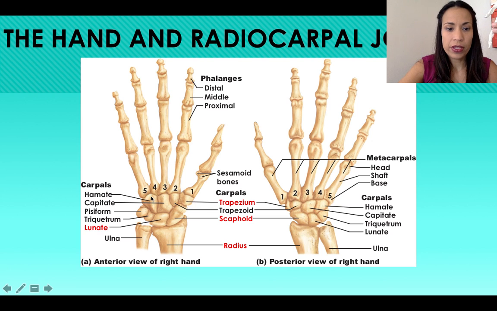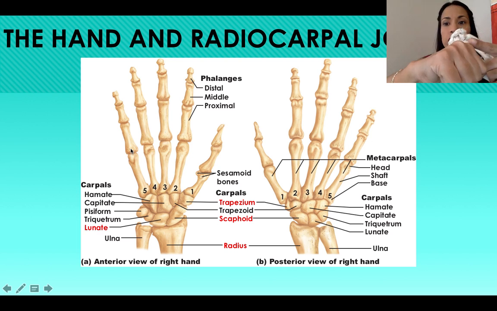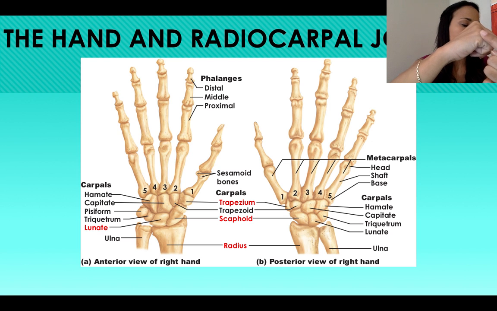In here the base articulates with the carpal bones to form the carpometacarpal articulation, and the head of the metacarpals articulates with the proximal phalanx to form the metacarpophalangeal articulation, which are your knuckles.